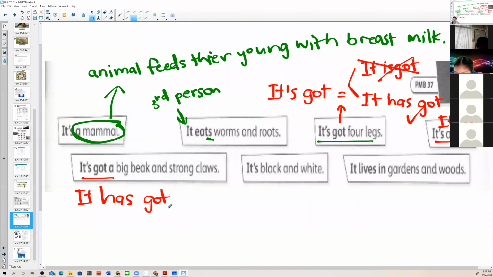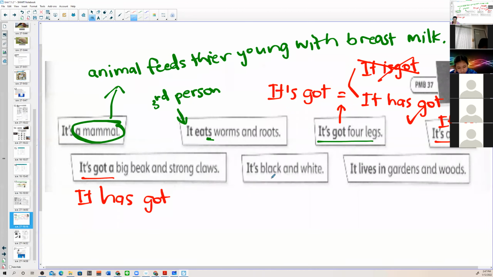You know what is beak? Beak. Yes, it's a part of the bird's mouth. That is called a beak, right? Used to pick up the seeds or something that is really hard for a human to eat. They use their beak to break it down. And strong claws, you know what is claw, right? Claw.